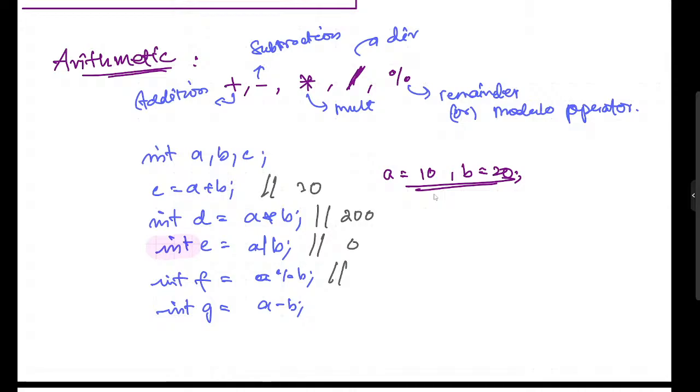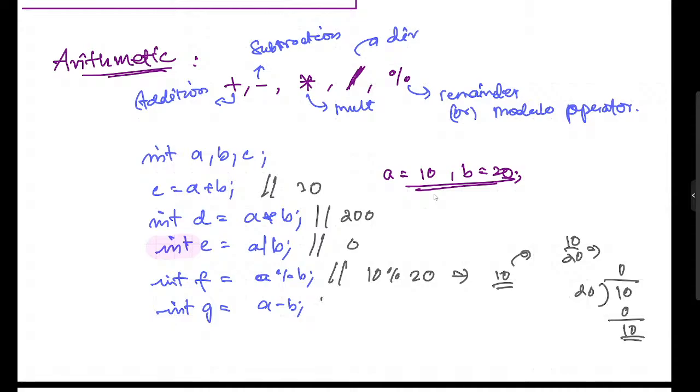And then f equal to a percent b. 10 percent 20 is 10. You do 10 by 20 and you get the remainder. 20 goes into 10 zero times, and you get 10 as the remainder.